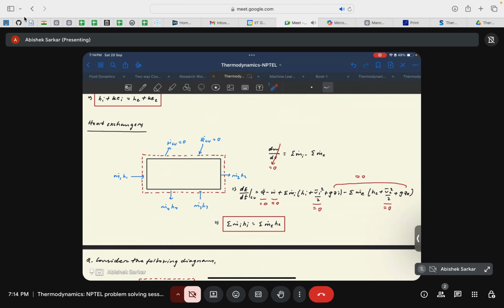That is beyond the scope of this course, but in brief, what a heat exchanger means is quite literal from their very definition. It is a heat exchanging device.